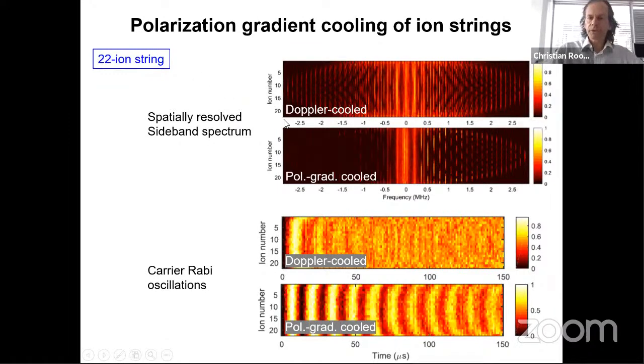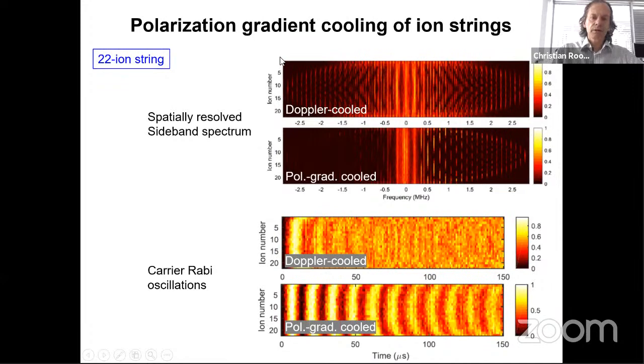But you can see here once again spectra of the vibrational modes of motion of a 22 ion string. On the left-hand side you have the red sidebands, on the right-hand side you have the blue sidebands.